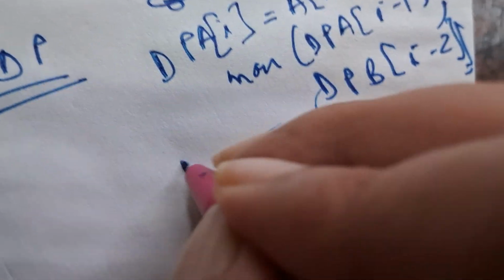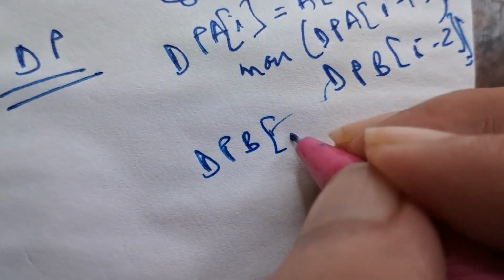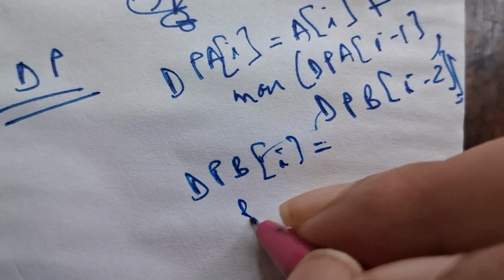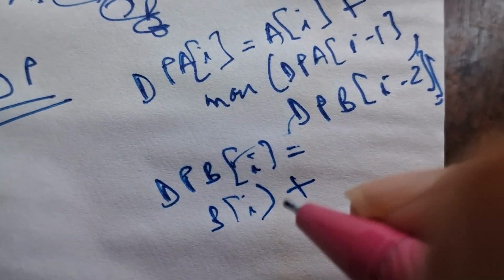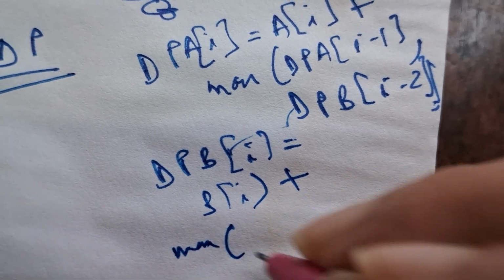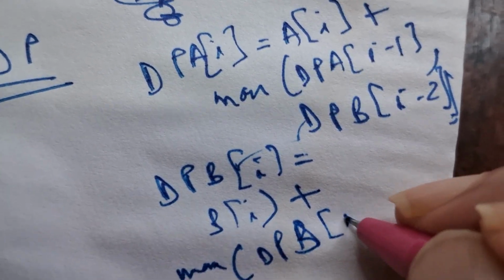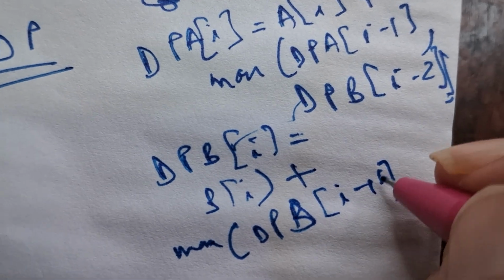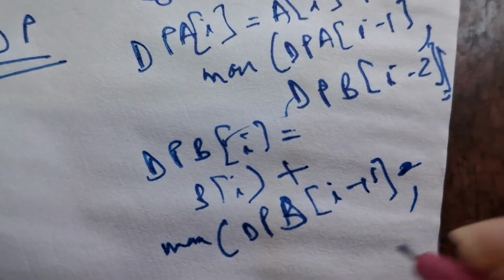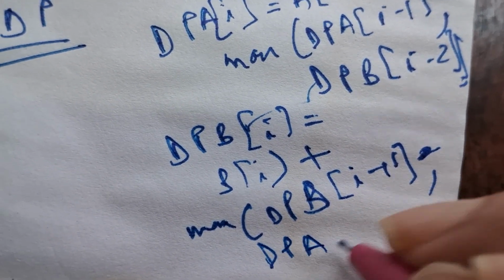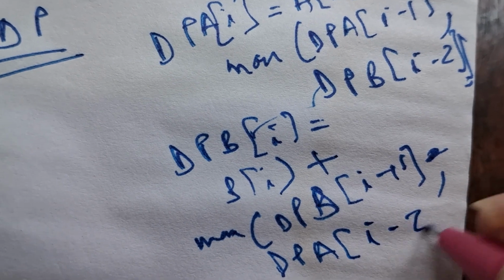Similarly for dpb also: dpb of I is equal to B of I plus maximum of dpb of I minus 1, comma, dpa of I minus 2, right?